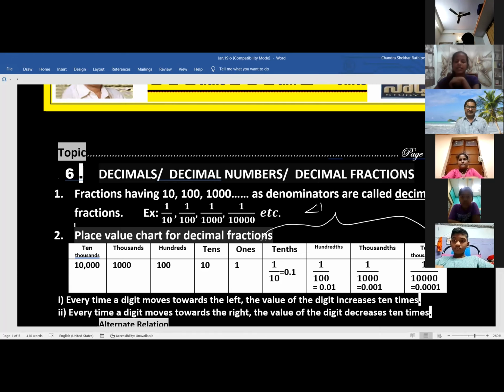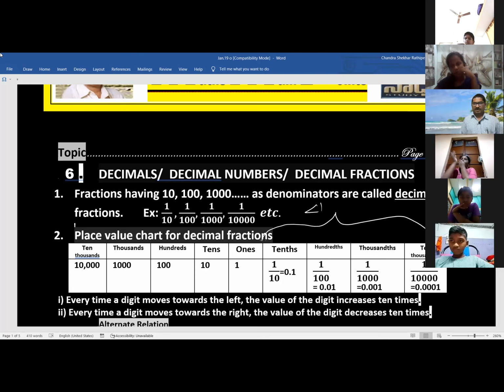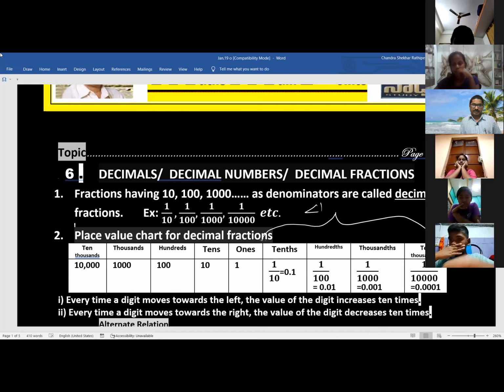Sir, then how many decimal points make 1, sir? 10 tenths. Here, see carefully. How many tenths are in this one? 10 tenths.